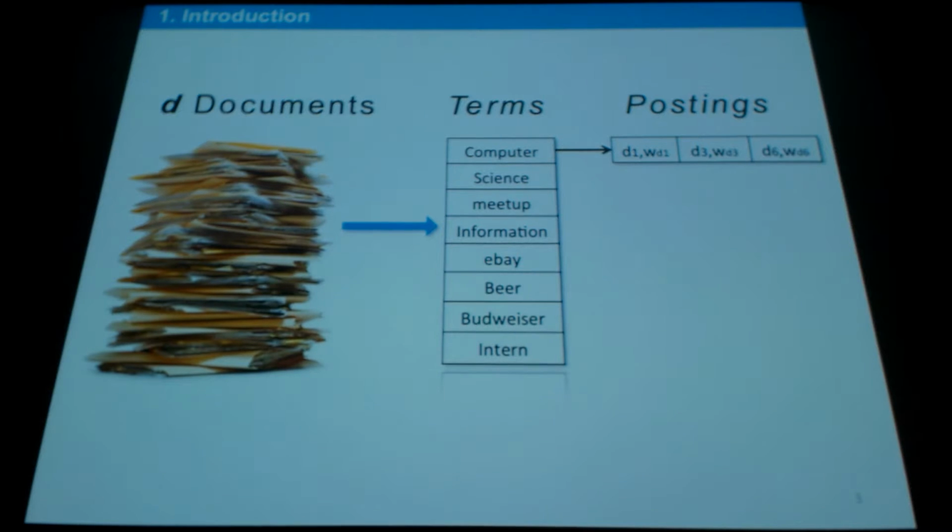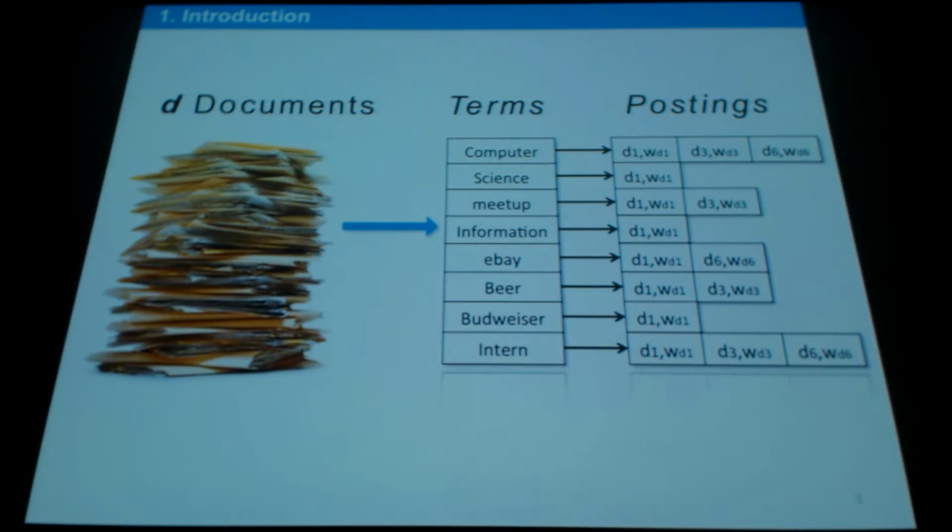More specifically, the weight will just be the frequency. We're not adding the position where that word occurs within the document. This is called the inverted index: a set of terms, each with a list of documents and the corresponding weight that says how important that term is within that document. We do this for all the terms in the collection.